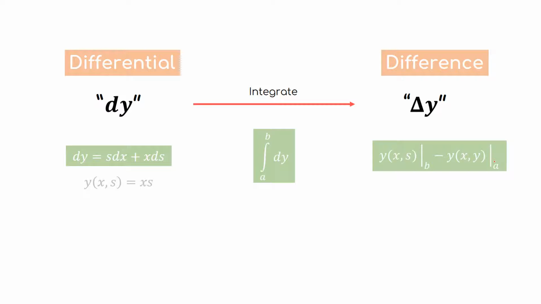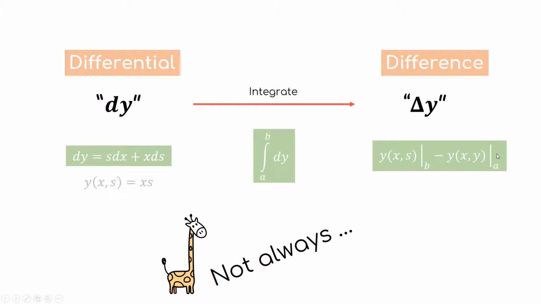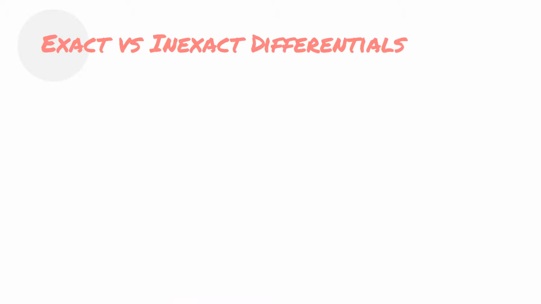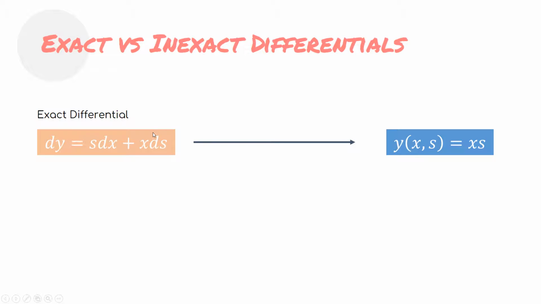This applies to certain cases, but actually not always. This is not always correct because there are two types of differentials: exact differentials and inexact differentials. Let me show you an example. An exact differential is something we saw earlier, like dy equal to s dx plus x ds. This differential is exact because you can find a function whose differential is this form: y equal to xs.